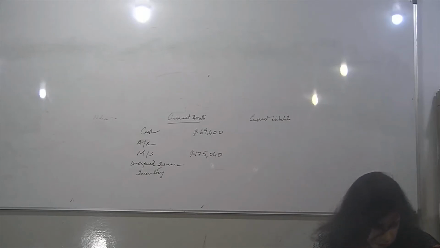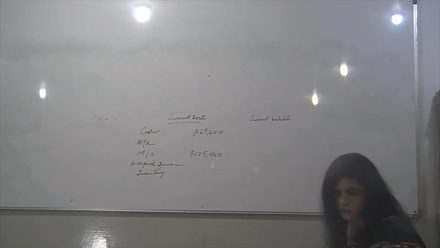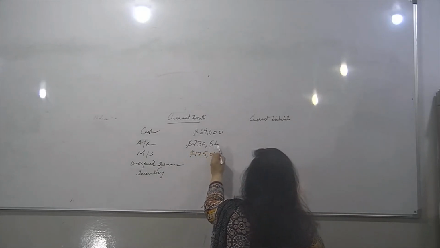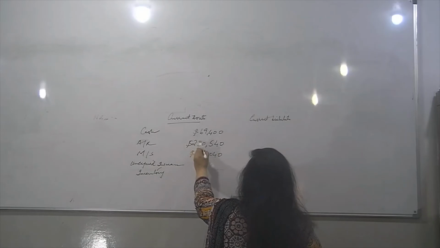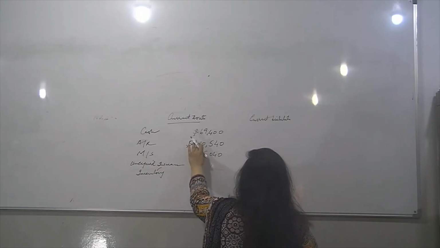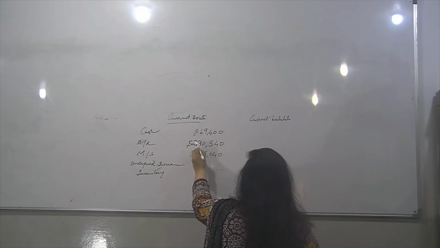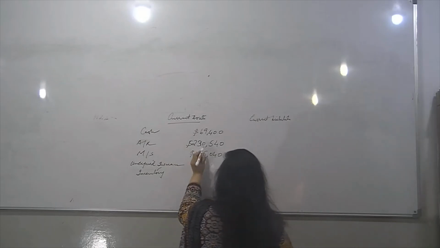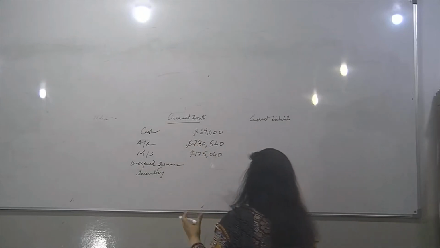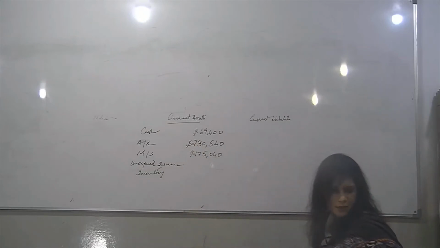Okay, so we have accounts receivable as 230,540. Then we have unexpired insurance and inventory.